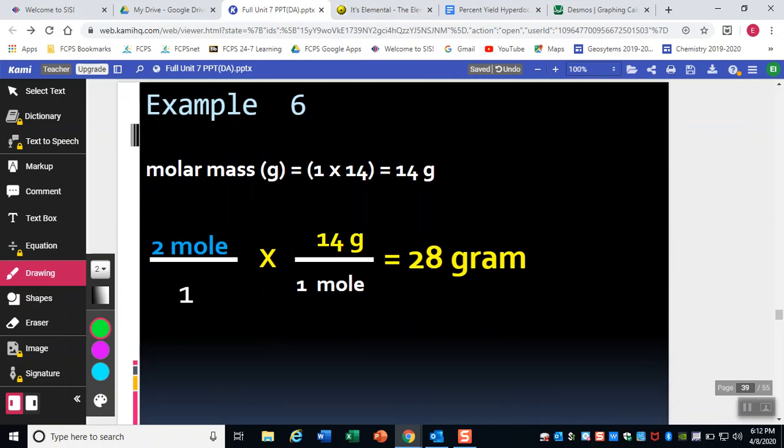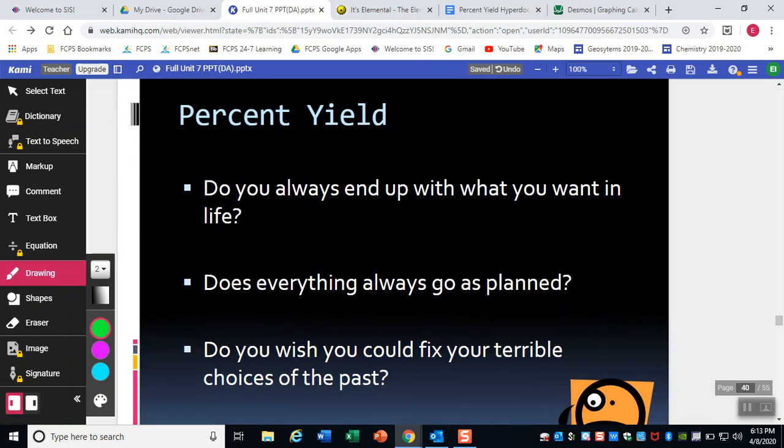All right, so your molar mass is 14, right? You've got 2 moles because it was 2 moles of HNO3. So you have 2 nitrogens, and this was your molar mass right here. So you have 28 grams.